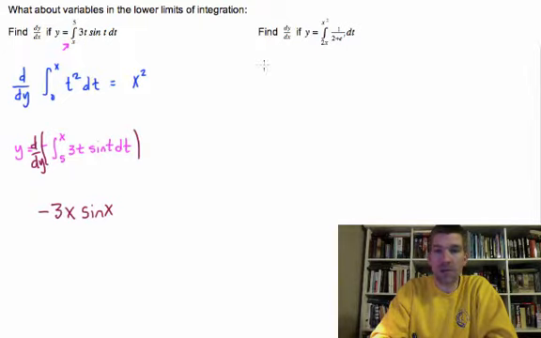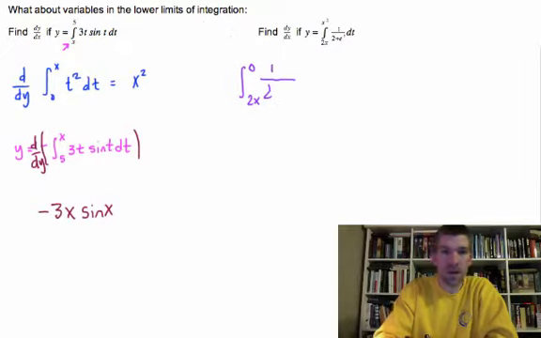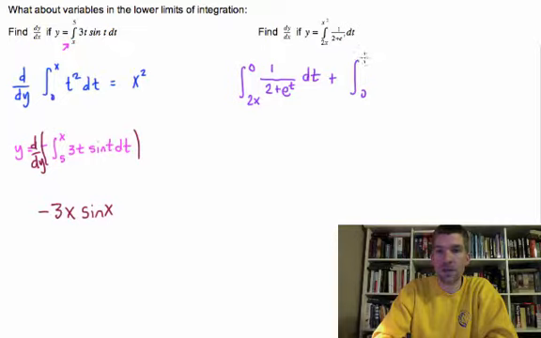So what if I split this integral up into two integrals, something like this: from 2x to 0 of 1 over 2 plus e to the t dt, plus the integral from 0 to x squared of 1 over 2 plus e to the t dt.